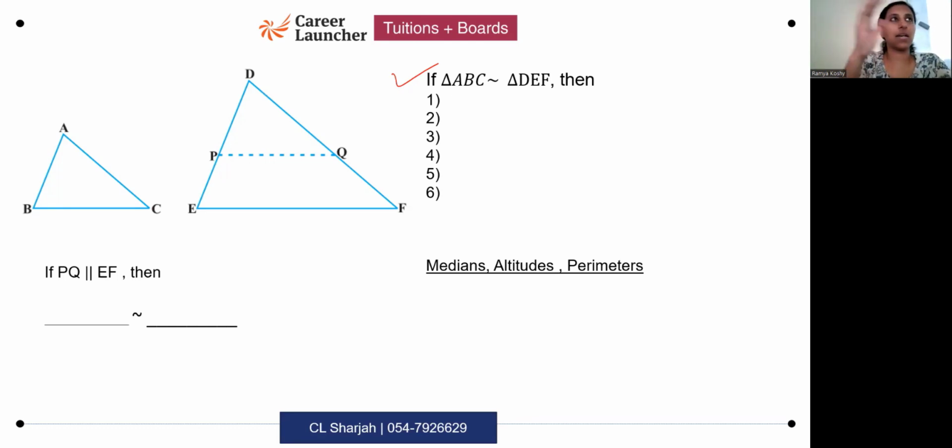Easiest thing is corresponding angles will be equal. That's the easiest three conditions you can write. And look at the order. A is equal to D: first letter equal to first letter. Second letter, second letter.